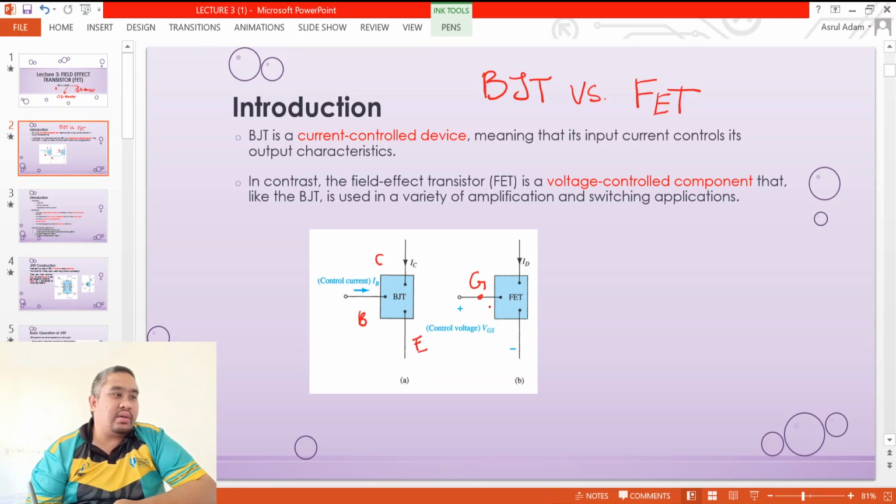In between gate and source we have a voltage, which we call VGS. So to control the FET, we have an input of VGS. That's why we call the FET a voltage control device. Let's move to the next slide.